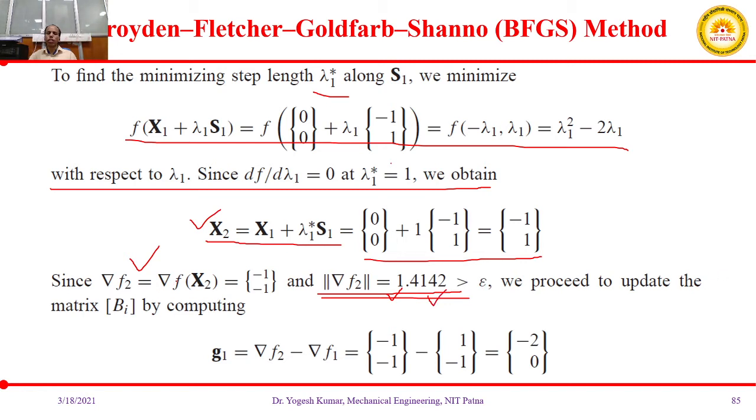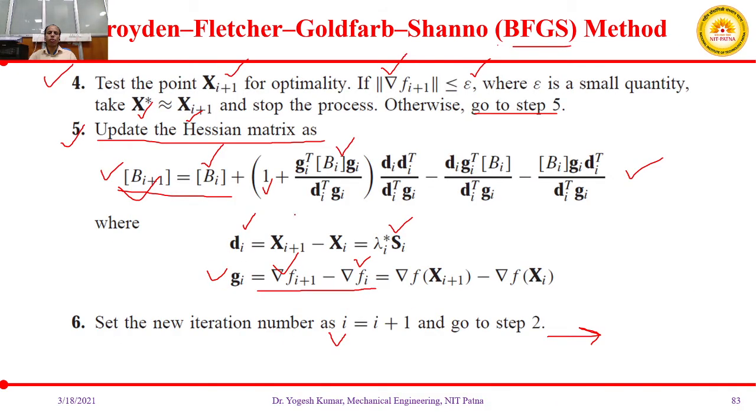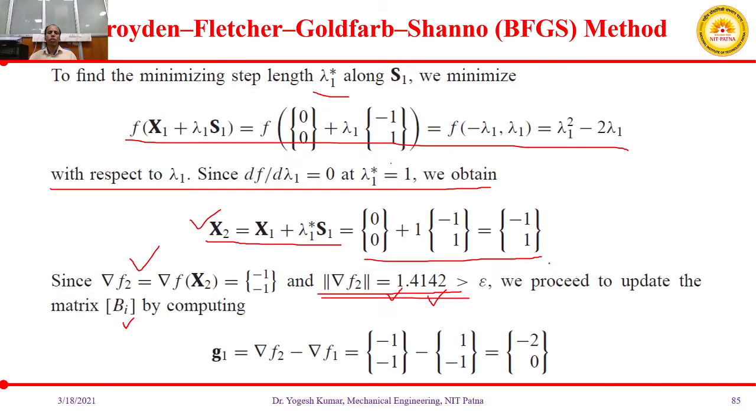the Hessian matrix Bi. In order to update your Hessian matrix Bi, there are a lot of terms which need to be calculated. Only Gi and Di need to be calculated, then their transposes are involved. So how will we calculate Gi?